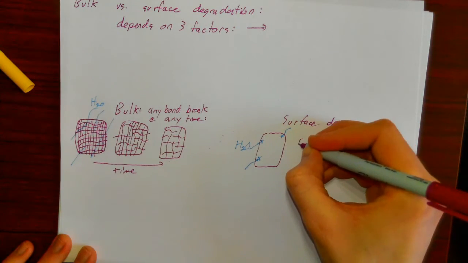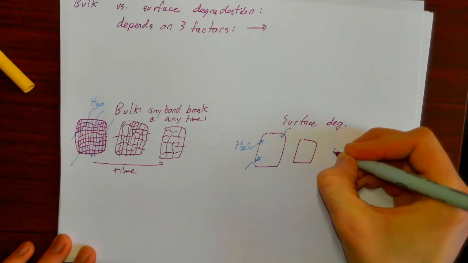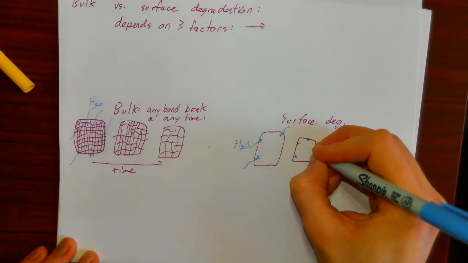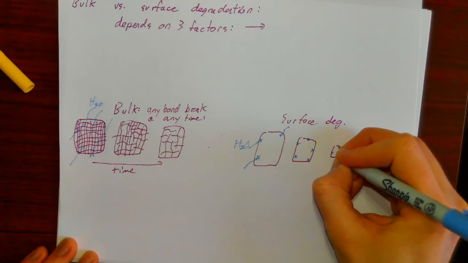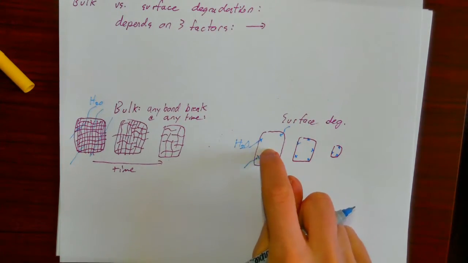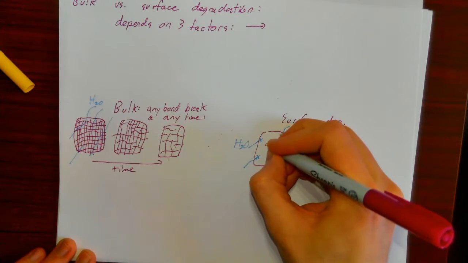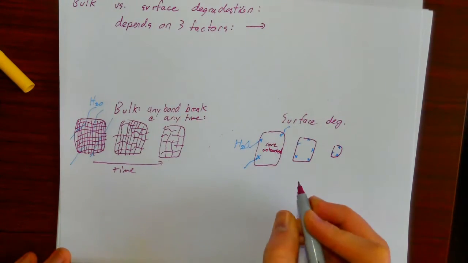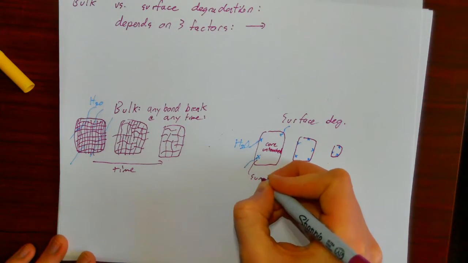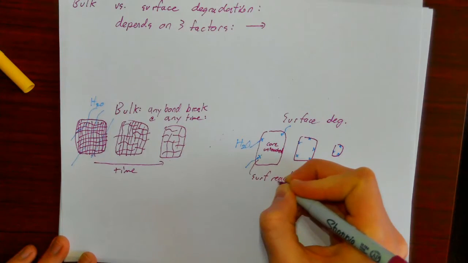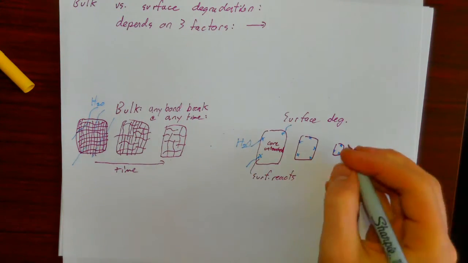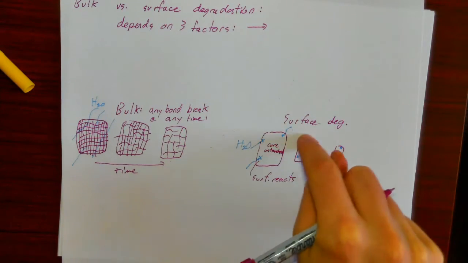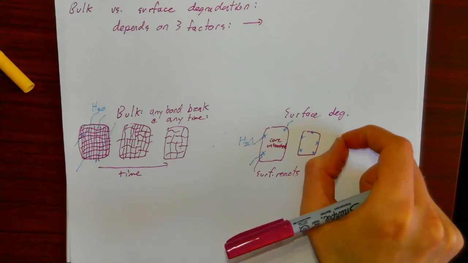As time goes on, water continues to attack only the material at the surface, and the core remains intact. The core is untouched, and the surface reacts. You can almost imagine the surface receding towards the core, where the physical device's size gets smaller and smaller.